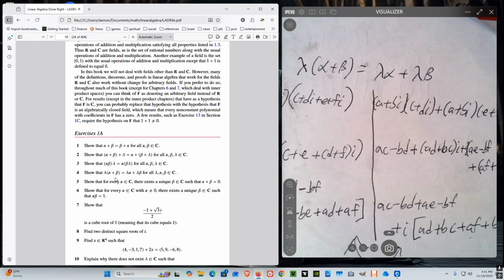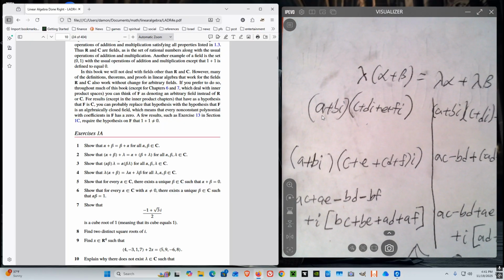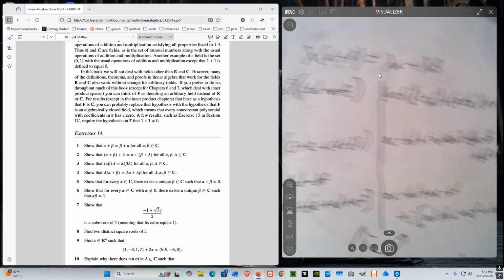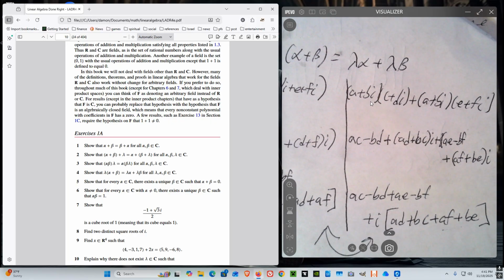Okay, so now I use the same lettering. For lambda, I use a plus bi. Slightly different, I wrote a plus bi for the lambda, c plus di for the alpha, and e plus fi for the beta. I did that on both sides, and I used the same method of working down on each side until I got them to match.